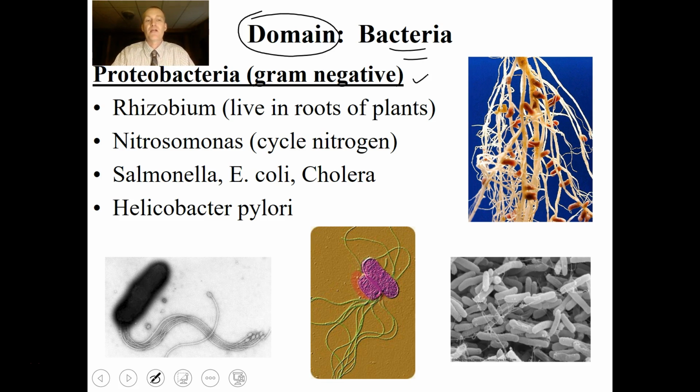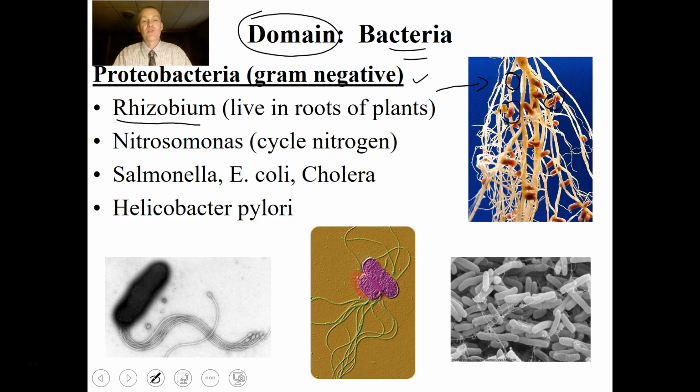So of these proteobacteria, one that's really super important is rhizobium, and these live in the roots of plants. If you look at these little pinkish nodules on these roots, these are infections where the plant has invited the bacteria to come in and infect it.